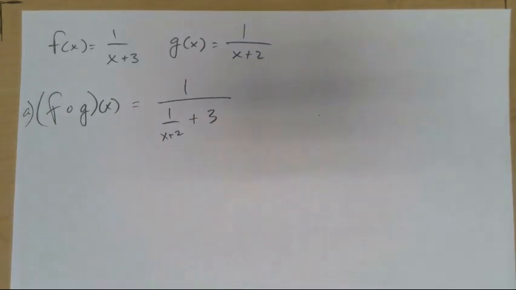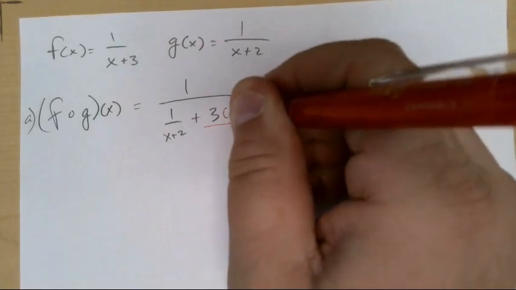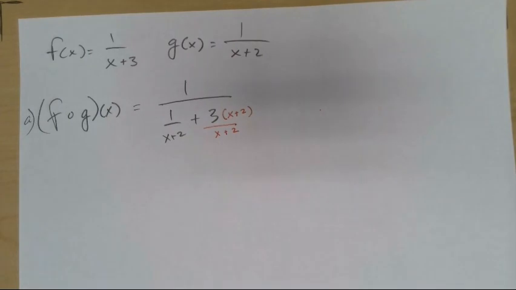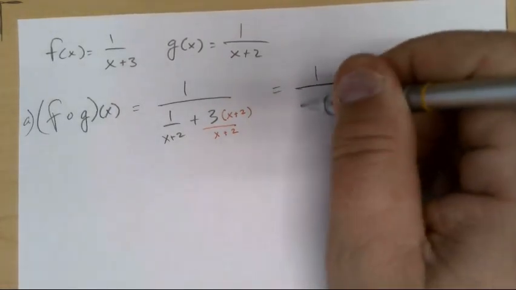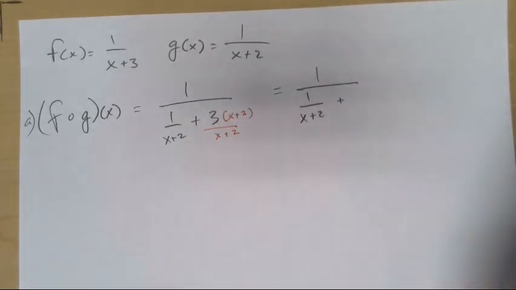Okay, now there are a lot of ways to look at this. Let me show you a couple. I think a lot of y'all are doing it this way, where you're thinking, I'm going to multiply this top and bottom right here by x plus 2 over x plus 2. Is that the way you're doing it? I think you are. And I get 1 over 1 plus 3 times x plus 2.